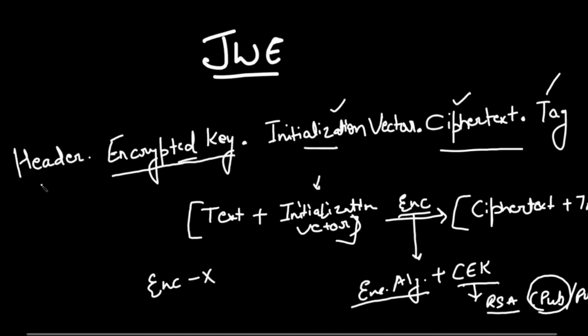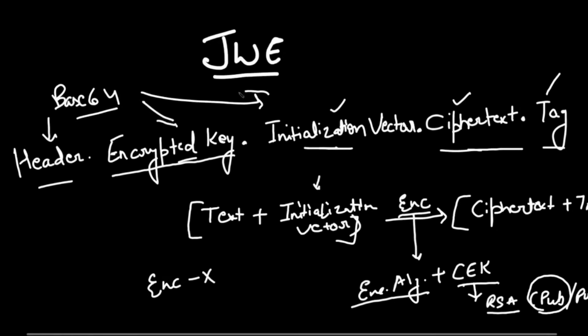So now we have created the header, we have created the encrypted key, we have this initialization vector or nonce, we have the ciphertext which is the output of encryption, and this tag as well. Now base64 encode each component again as we did last time. So do the base64 encoding of each component individually and place them in this format, and the output is JWE.